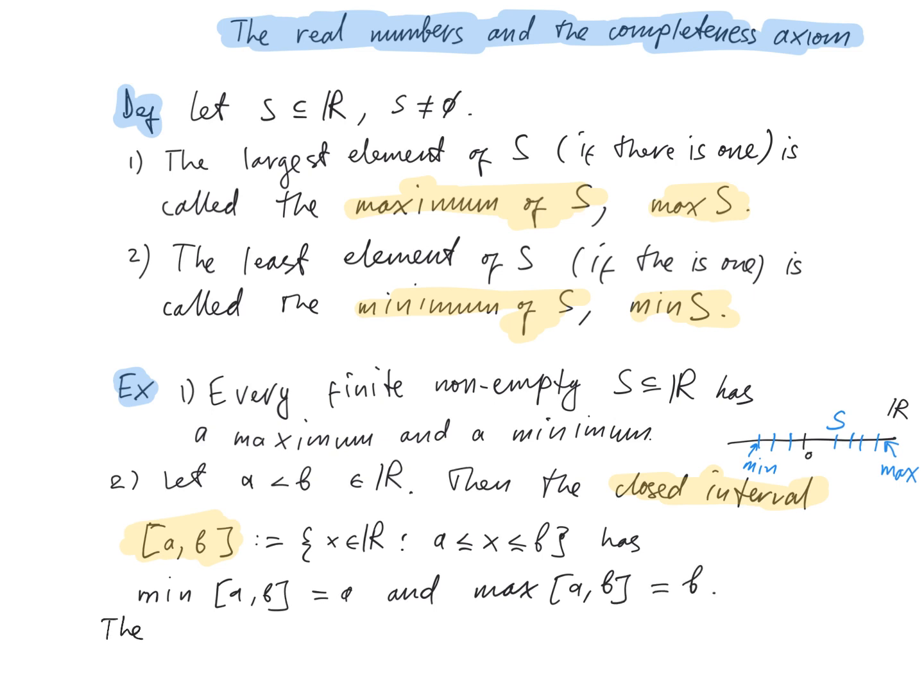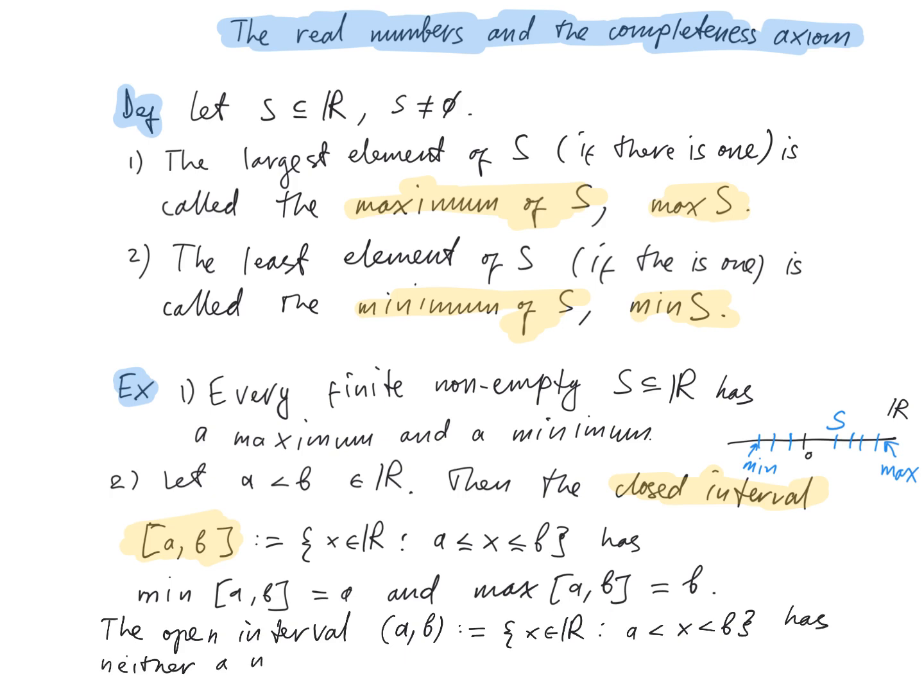In contrast, the open interval (a, b), which by definition consists of all the real numbers x, which are strictly in between a and b, has neither a maximum nor a minimum.